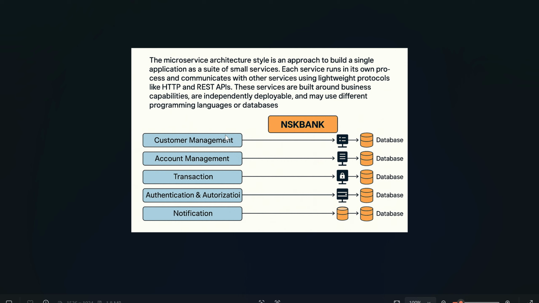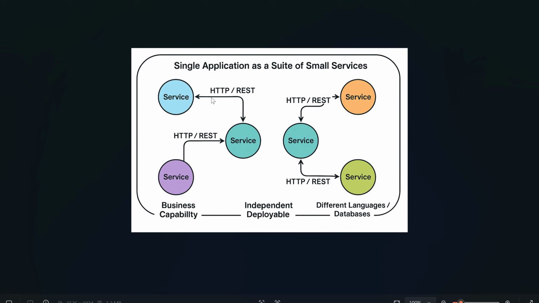The second thing is that communication happens through lightweight protocols. You will use HTTP or REST API or REST template to make a call from one service to the other service, and you will get the data.